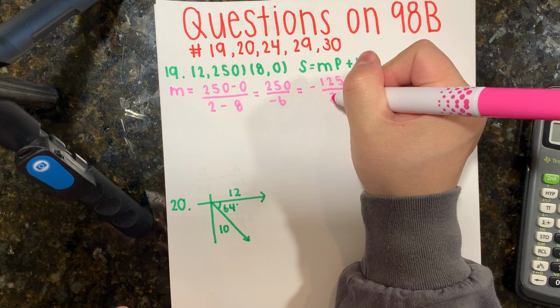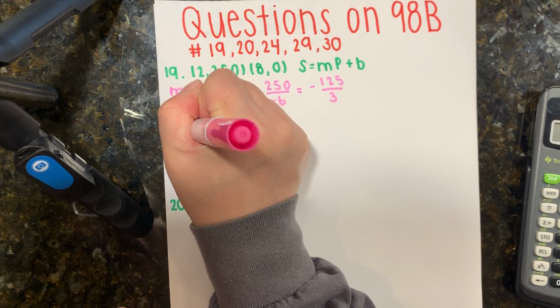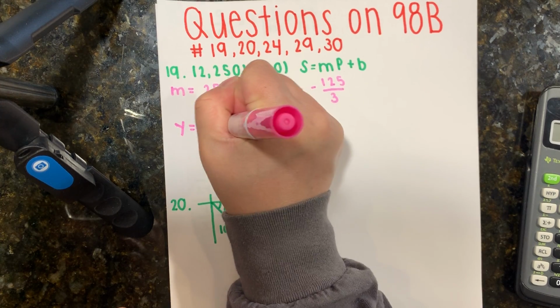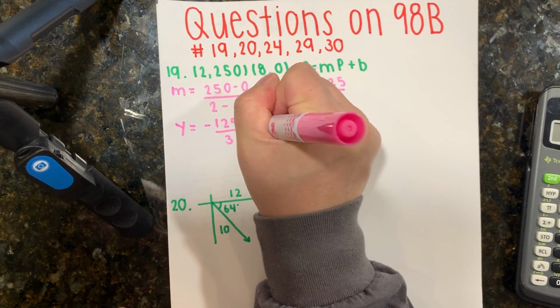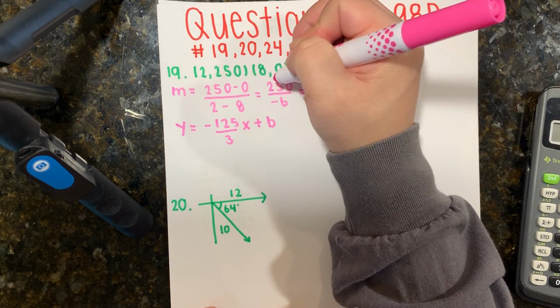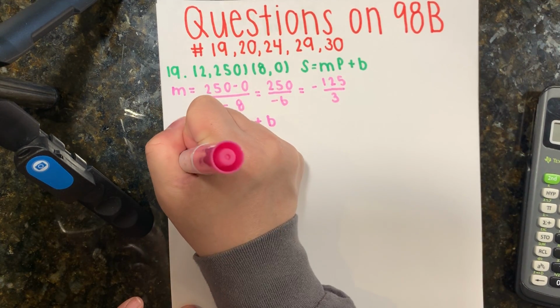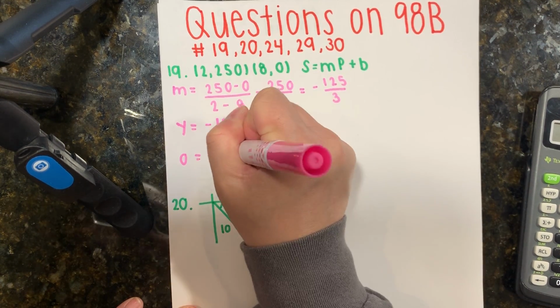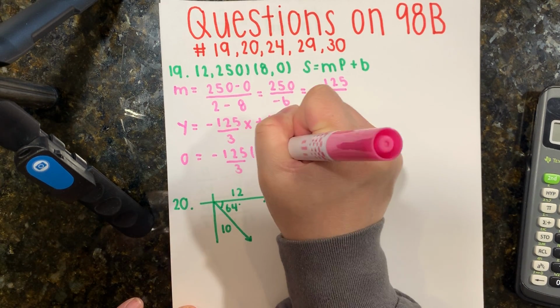Now I'm going to take this and plug it into an equation of a line. So y equals -125 over 3 x plus b. And to solve for b, I'm going to plug in one of these points. I'm going to plug in this point so that I only have to multiply one of the variables. So it'll be 0 equals -125 over 3 times 8 plus b.